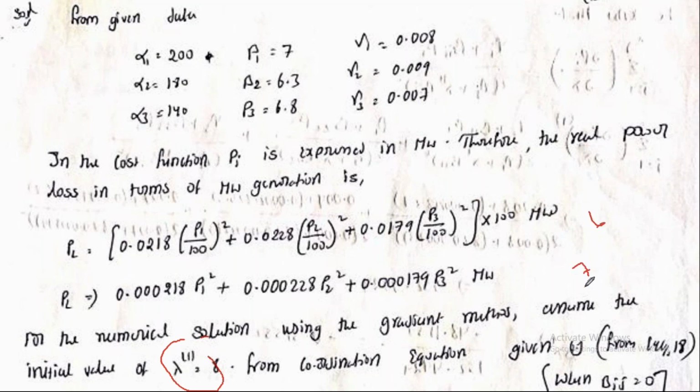We can assume 6 or 7, whatever it may be, right? Why did I consider 8 here? Why have I chosen lambda equals 8? Does anyone have a doubt why I took the lambda value as 8?